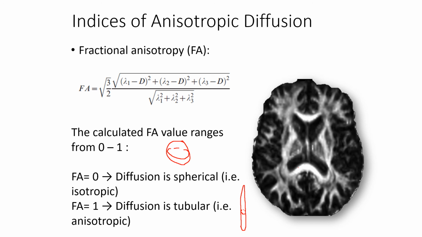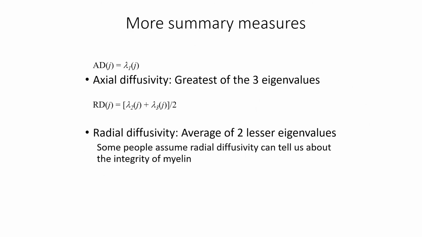This is a value that's probably used the most in all of diffusion work. There are issues with it. We won't really get into that in this class, but as more and more research is done, there's research that shows it's useful, but there's a lot of new research showing that there are a lot of limitations, and we're trying to move beyond that value.